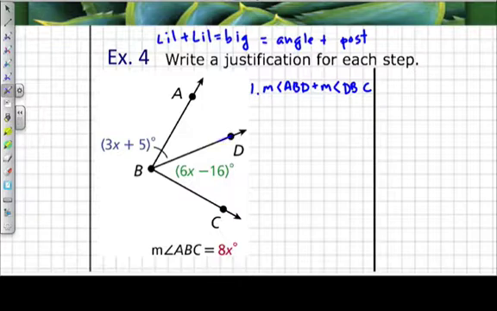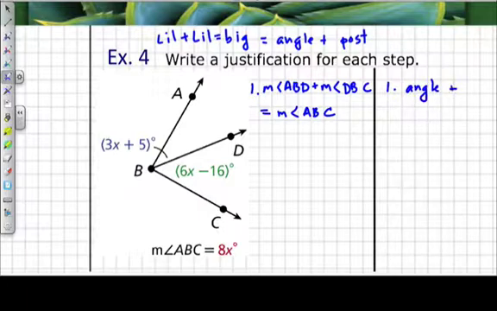DBC, that's this one. Little plus little is going to equal the measure of the whole big angle ABC. I didn't really leave myself enough room. And that would be the angle addition postulate.